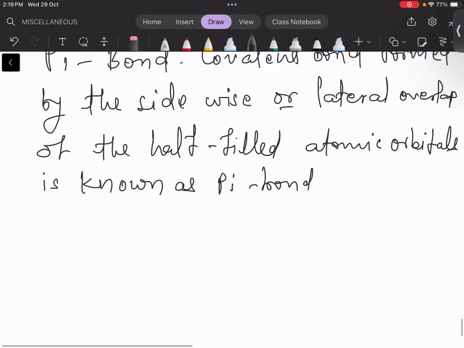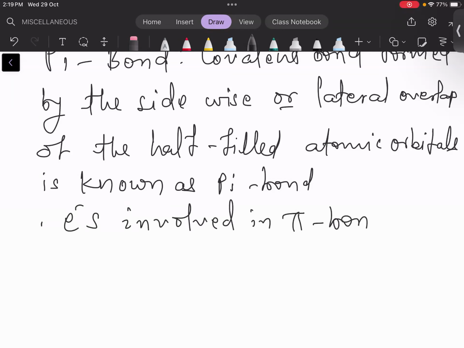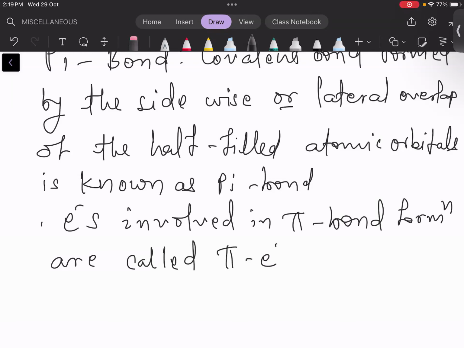Electrons involved in pi bond formation are called pi electrons.